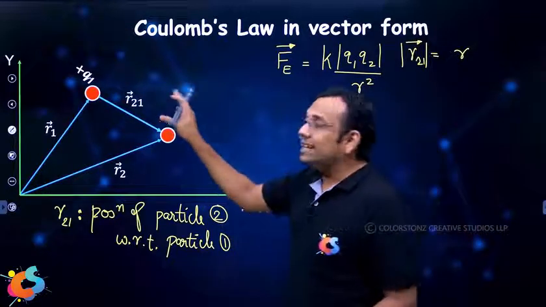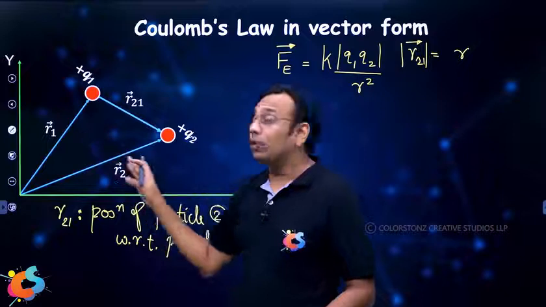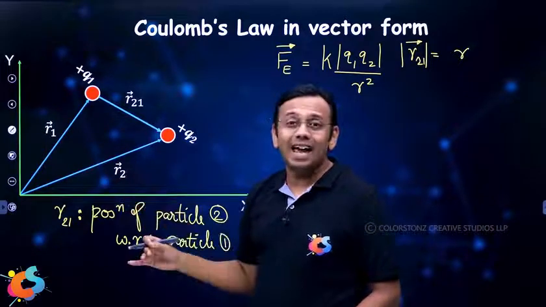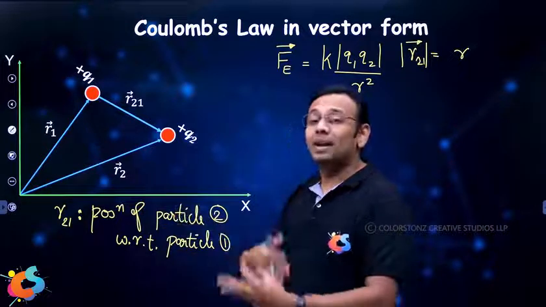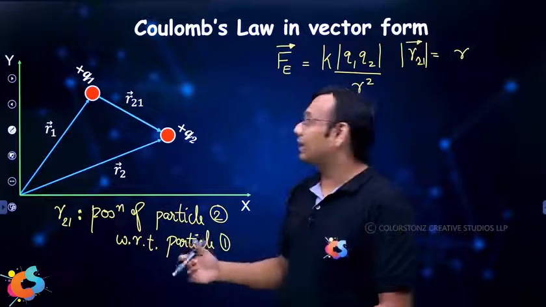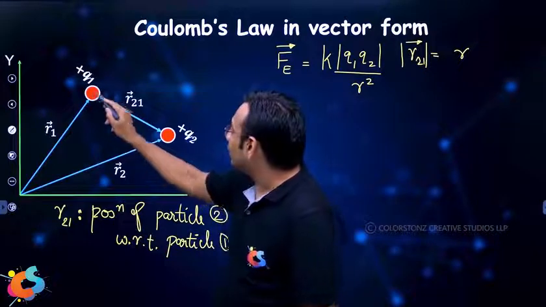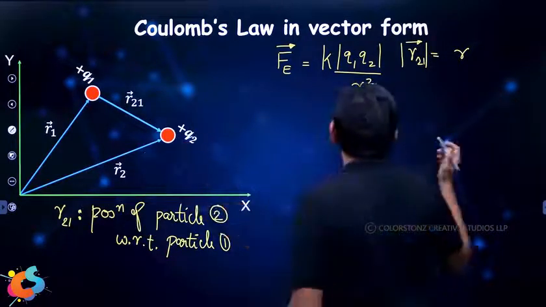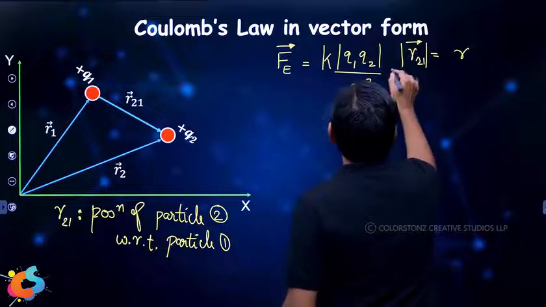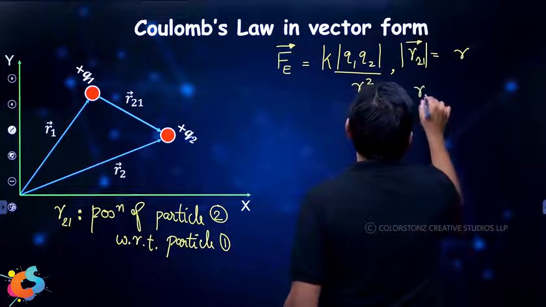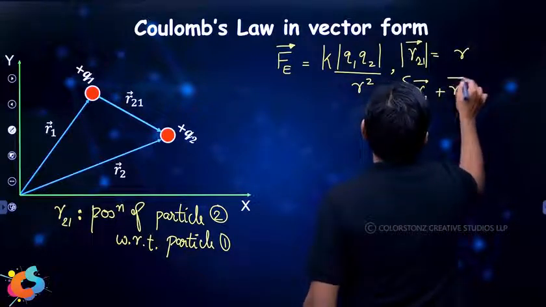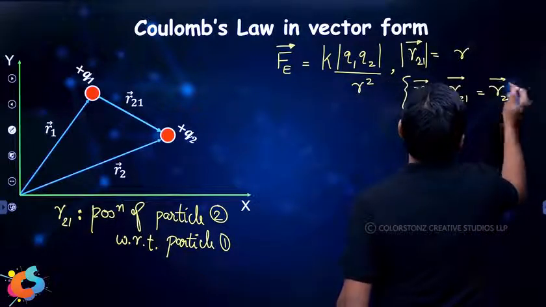But what exactly is this position of 2 with respect to 1? Can we relate it to these two position vectors? Yes, we can. We know very well by applying the triangle law of vector addition that R1 vector plus R21 vector is equal to R2 vector.